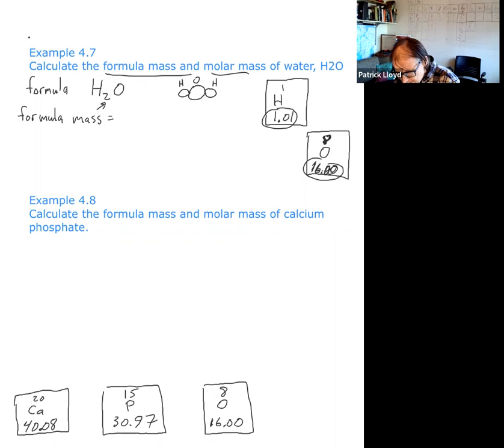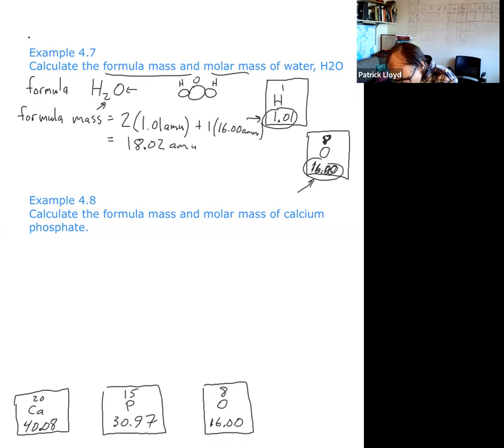So we have two hydrogens, and each one has an atomic mass of 1.01 AMU. We also have one oxygen. If there's no number written as a subscript, that just means there's a 1. So it's 1 times 16 AMU. The 16 is right there in the periodic table. The units are AMU, and you would get 18.02.